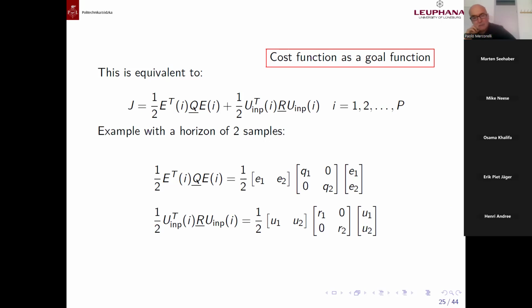We can see here exactly what I intend. We have the matrix Q, 2 times 2, and the matrix R, 2 times 2. The prediction horizon, we can see here, is 2. This means it is characterized by this row and this row. It is row oriented, let me say.